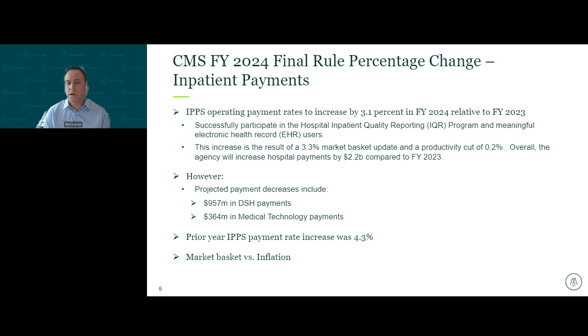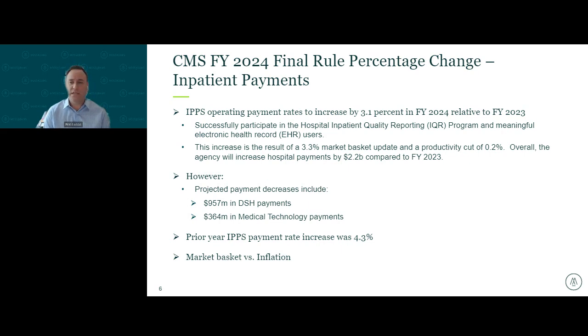Just for comparison purposes, that was a 0.5% increase over the last 5 years. So even with that, I wanted to point out that while we're seeing a $2.2 billion increase in payments as it relates to that increase, we're still seeing some significant declines.